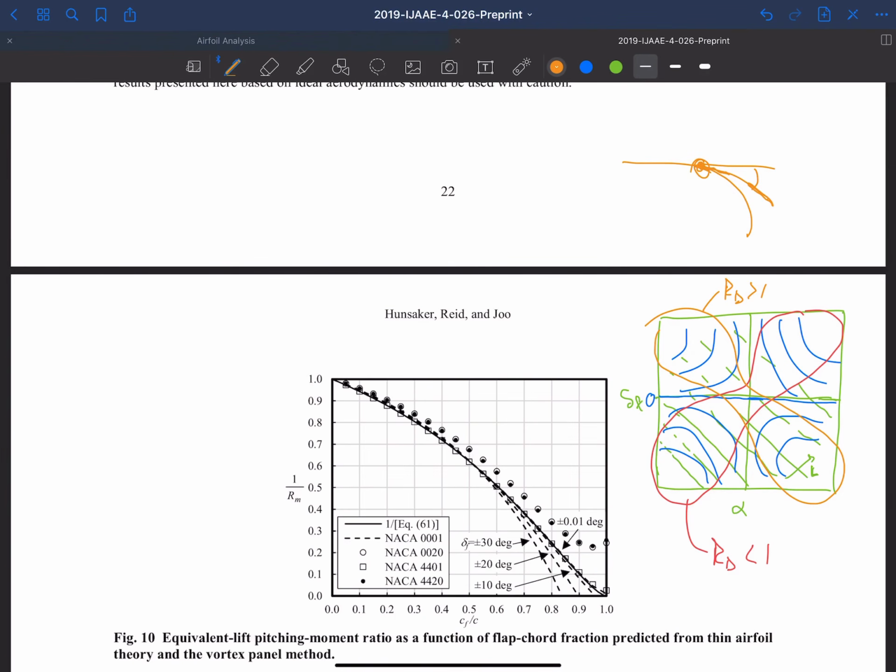Anyway, there's a lot of things you could do with this, but I think it's a very nice demonstration of how powerful thin airfoil theory is in allowing us to analyze different geometries like this and come to conclusions about what would be the most effective way to increase lift, or what's the most effective design of a flap.